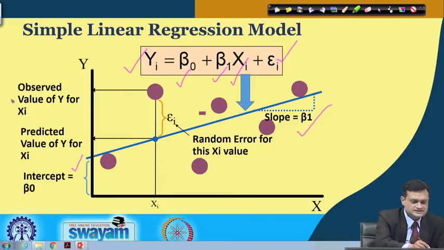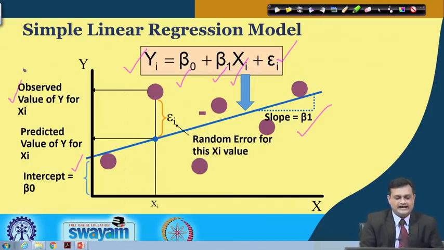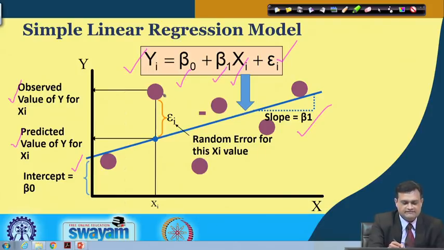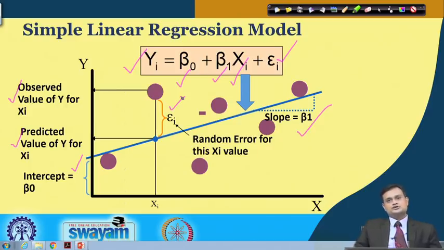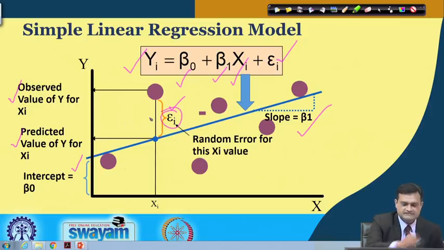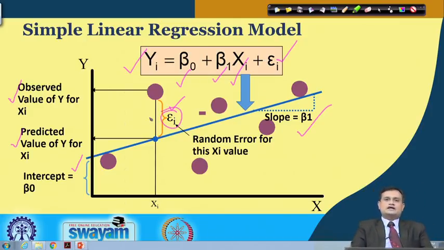So, this is the observed value of y for xi. This is the predicted value of y for different xi, and typically you can see the difference between the observed value and the predicted value. So, I have the actual observation, I have the predicted value. When I find the difference, epsilon i, just think that you are predicting the demand.